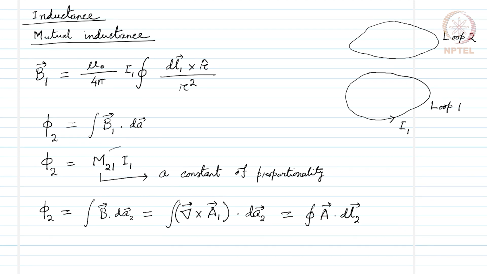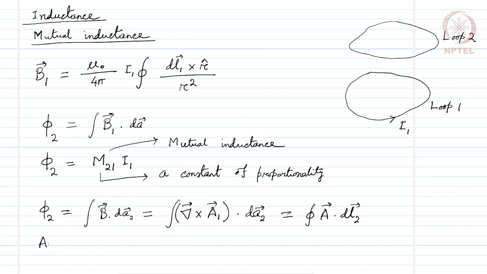So, this M21 is called the mutual inductance. And we have this phi 2, the flux, expressed in terms of the vector potential, a closed integral over the vector potential.